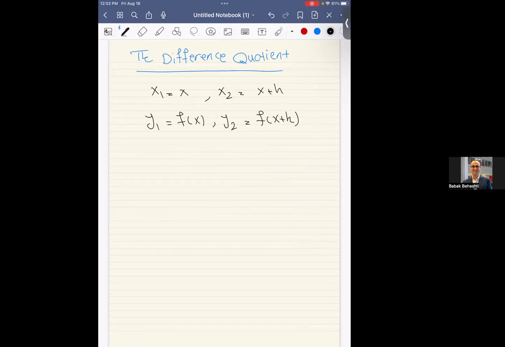So the difference quotient is just this, delta y divided by delta x, which is f of x plus h minus f of x, divided by x plus h minus x, which is just h, right?